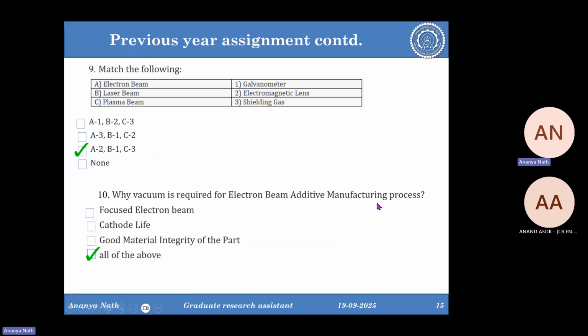Electrostatically, we charge the gas particle, and because of the discharging of gas particle, we get the ions out of it, which is basically the plasma beam. And this plasma beam is gas discharge, so we put the shielding gas to make it in a concise, focused way, so that my melt pool will have a shape and my deposition will have a shape. So like that, the plasma beam is related to the shielding gas.